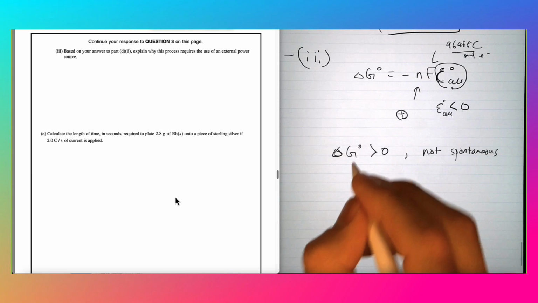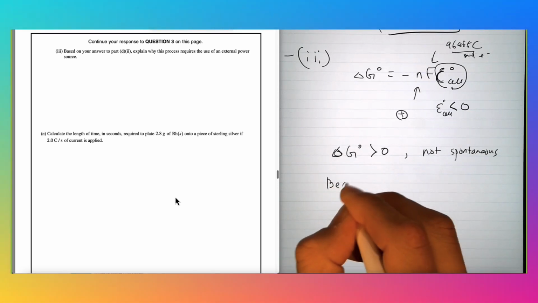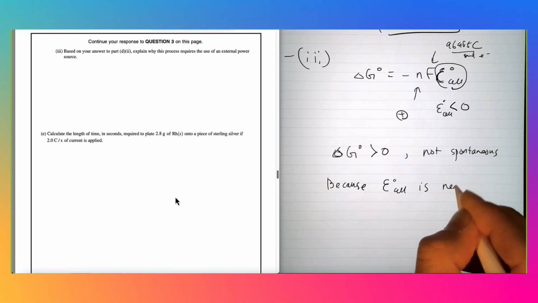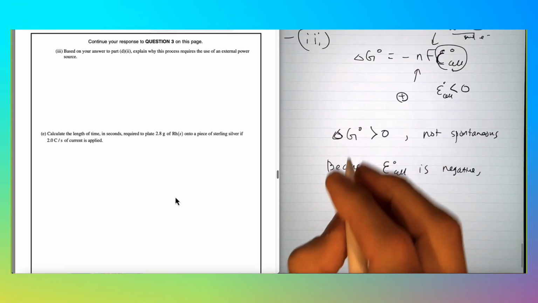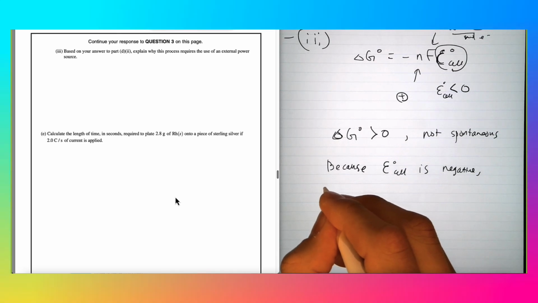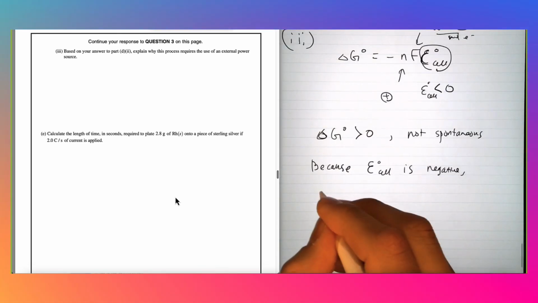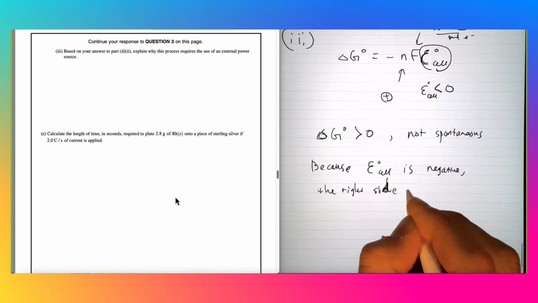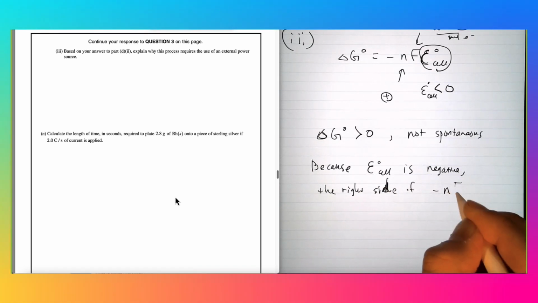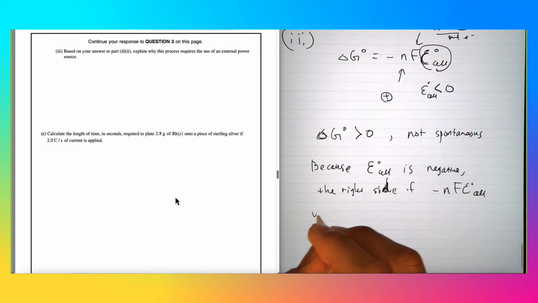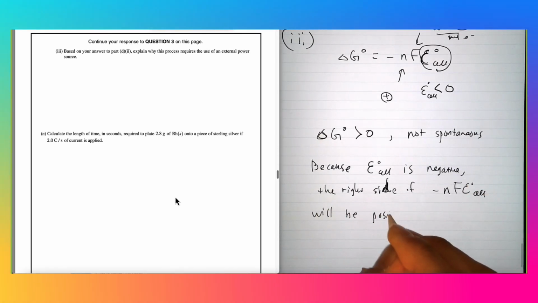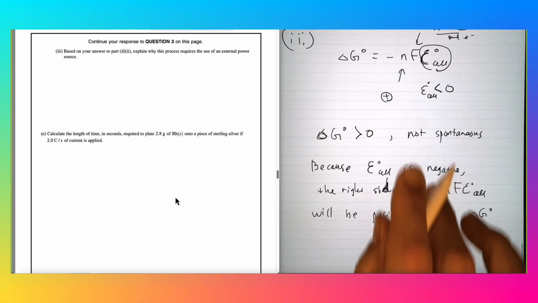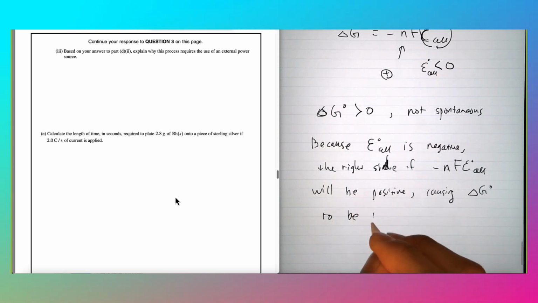Okay? So we'll say, because E0 cell is negative, the right side, NFE cell will be positive, causing delta G to be positive as well.